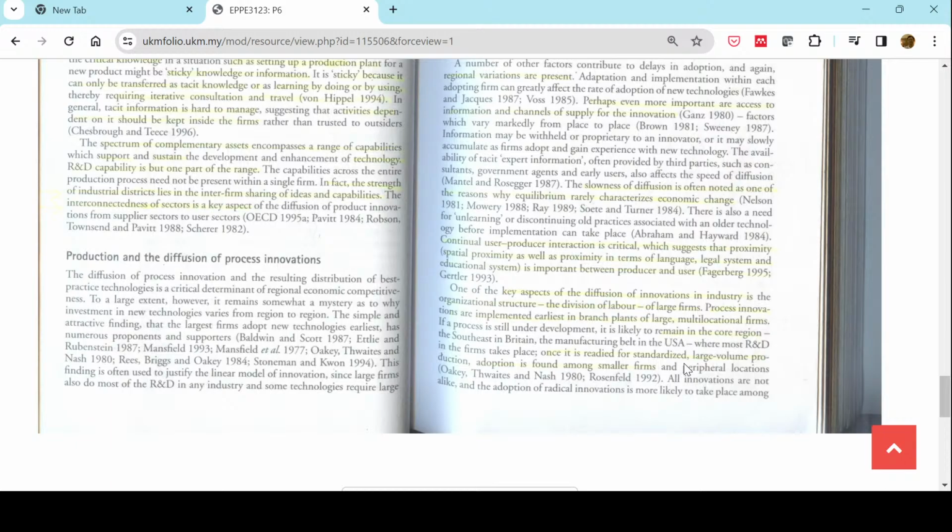Okay. Next is product cycle. So at least product cycle, we must have at least three.